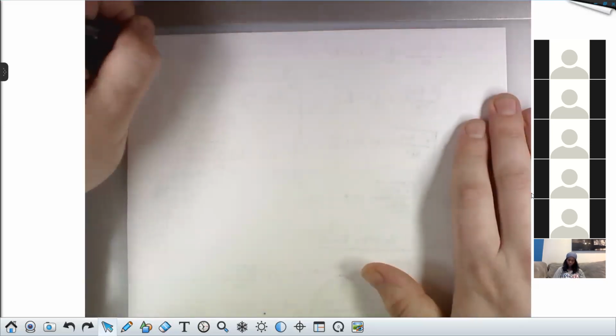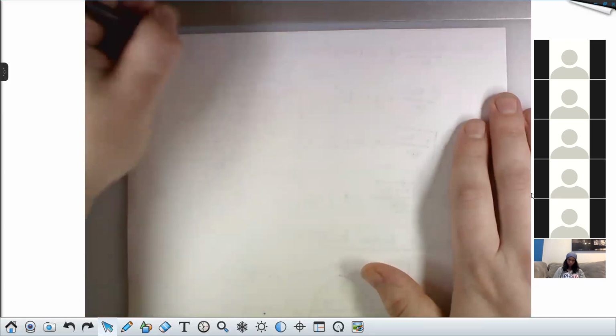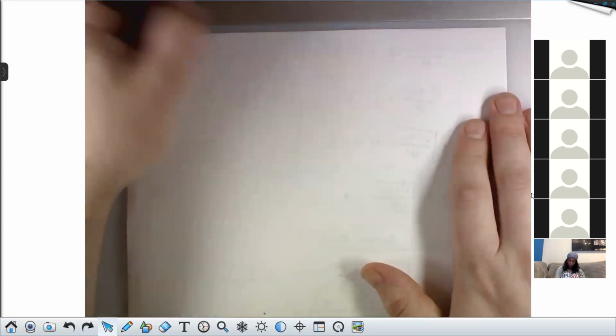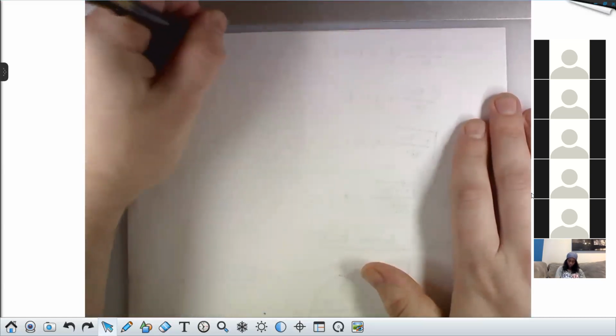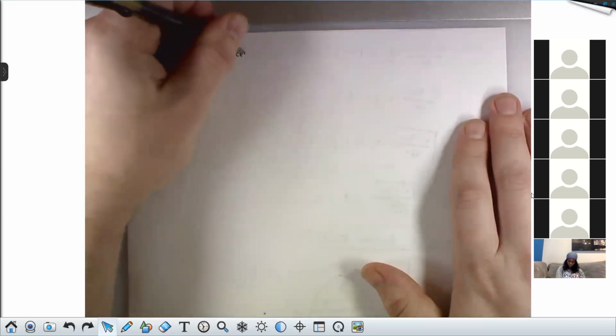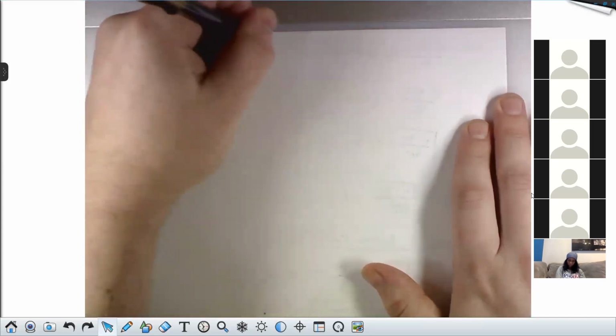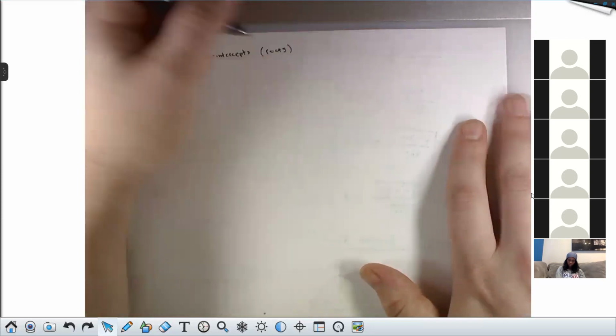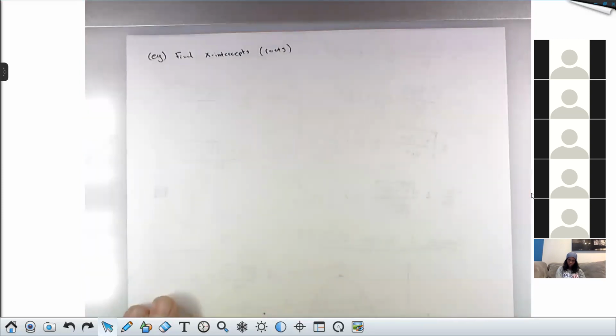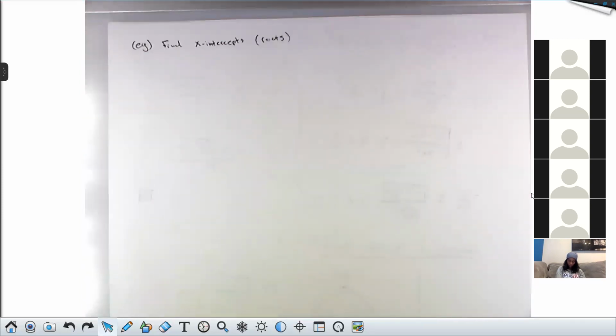Let's roll it into two things. Let's find the x-intercepts, which, by the way, I'm going to start calling roots. You'll hear me use this word a lot. I use it without even thinking about it.